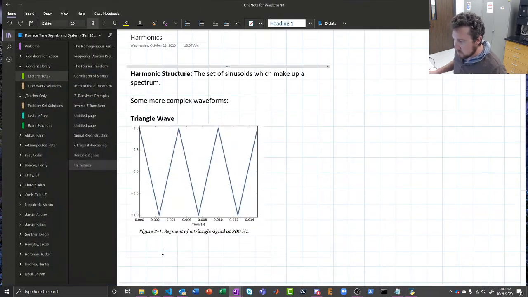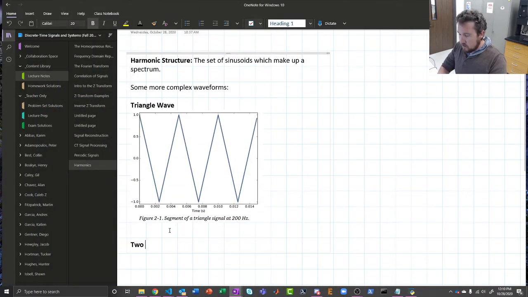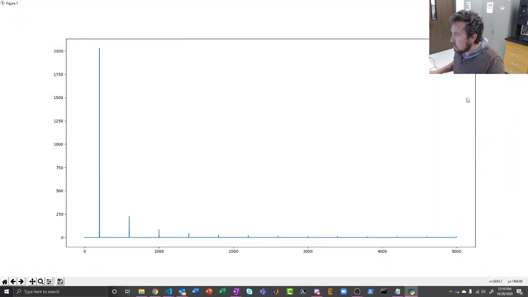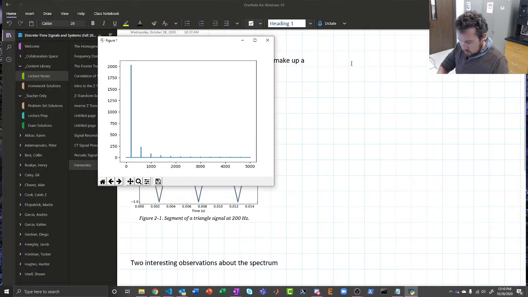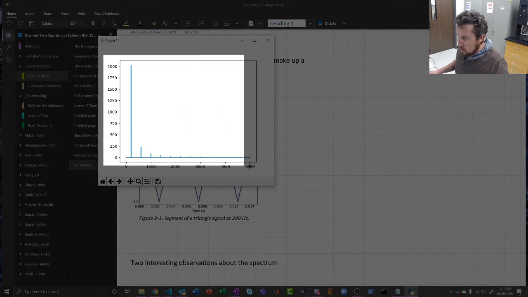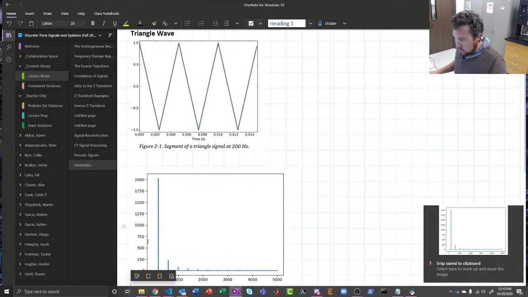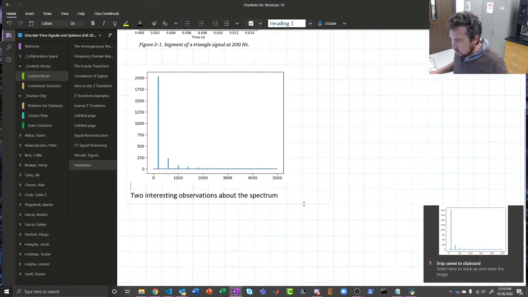Let's come back here to our notes. Let's say there are two interesting observations about the spectrum. Actually, I'm going to copy that so we can have it to look at.